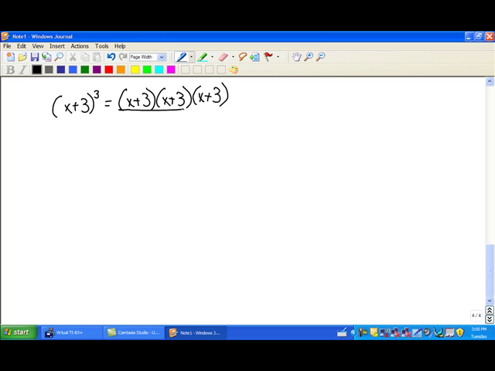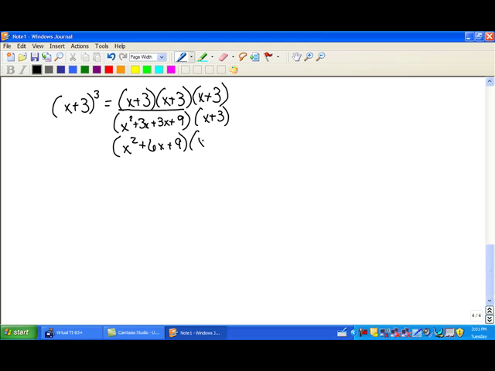So let's multiply the first x plus 3 times x plus 3. That's going to give us x squared plus 3x plus another 3x plus 9. We still have to multiply that by the x plus 3, but I want to clean up the first parentheses by combining like terms, which will leave us x squared plus 6x plus 9.